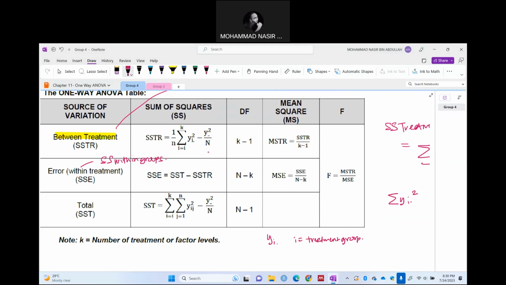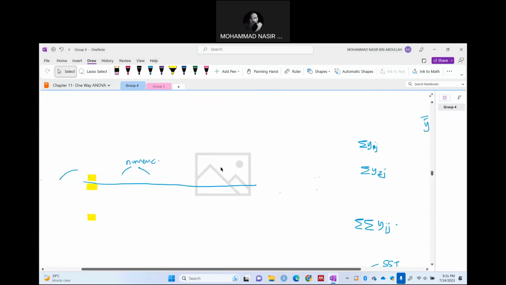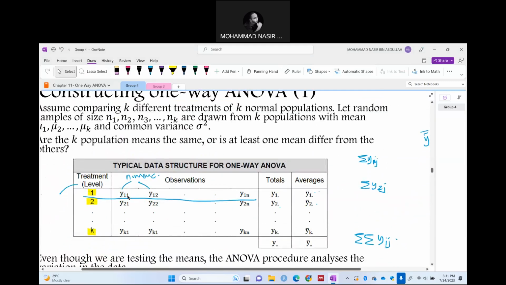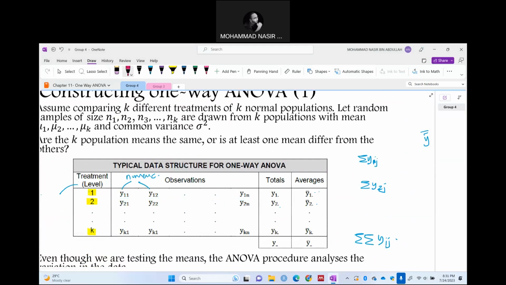So yi dot means that you need to add every value in that group. Let's say you have group number 1. You need to add every observation in treatment 1, and you will get y1 dot. This is the total of the observations for treatment number 1.